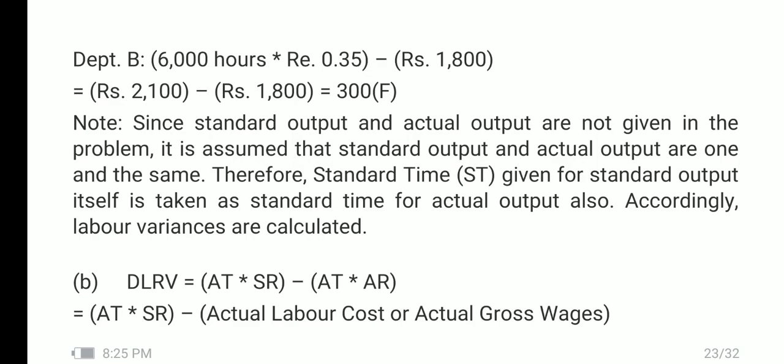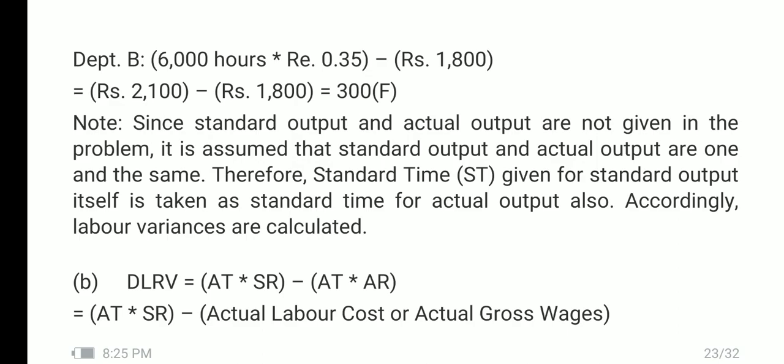Now again here actual labor cost or actual gross wages, nothing but actual labor cost, is readily given for both the departments. It is taken as it is. Now standard actual labor cost is given.